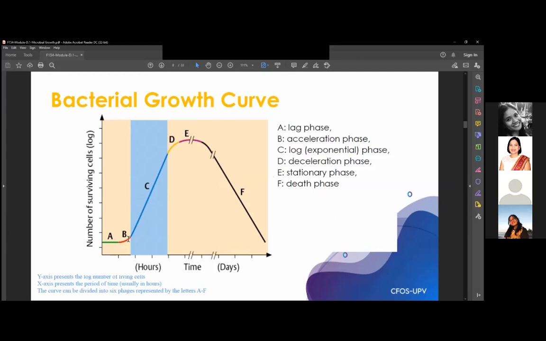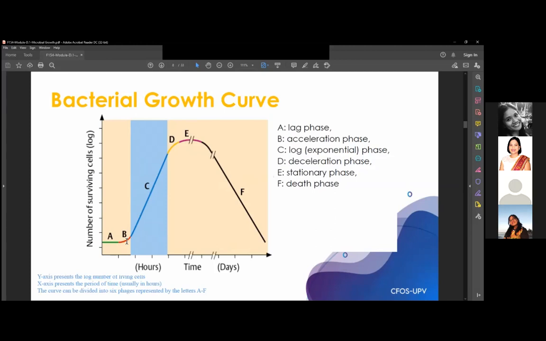So in graph A, there's no net growth, and this portion of the graph, the red one in B, shows an increase in mass. When you say increase in mass, kasi payat sila, nagkaroon ng nutrients, parang meron palang state of nourishment.